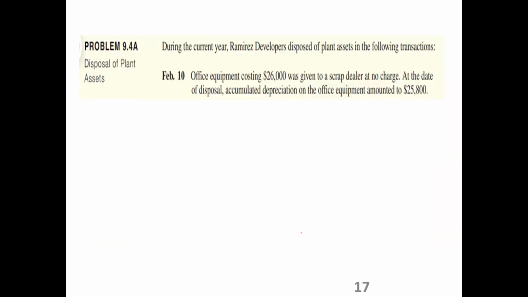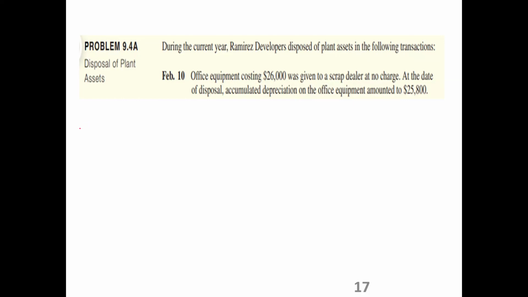So here we need to record. Okay, this asset has been disposed of. It cost 26,000. It was given to a scrap dealer at no charge. At the date of disposal, accumulated depreciation amounted to 25,800.